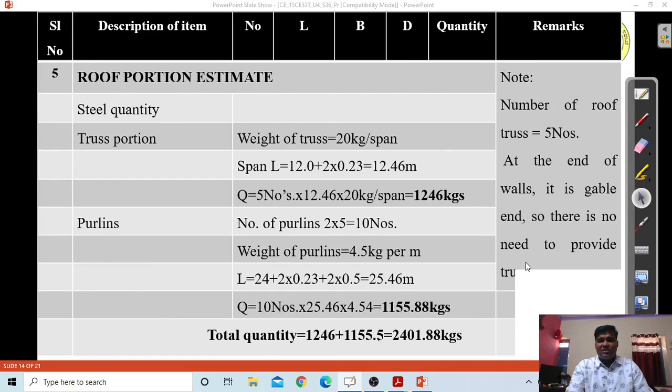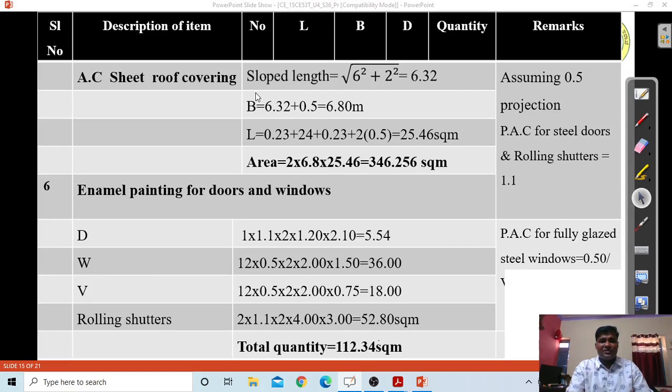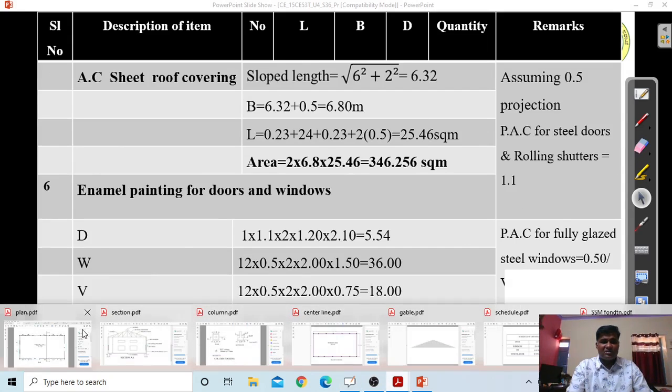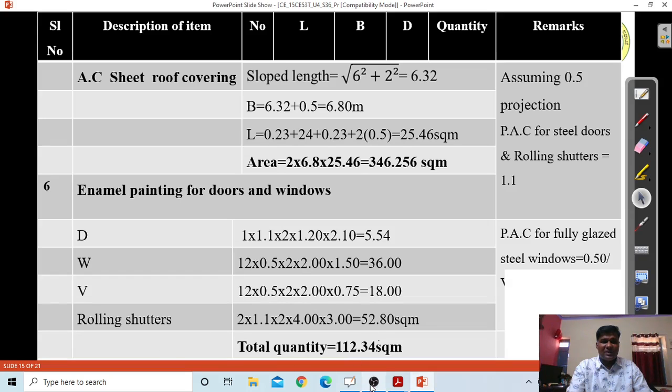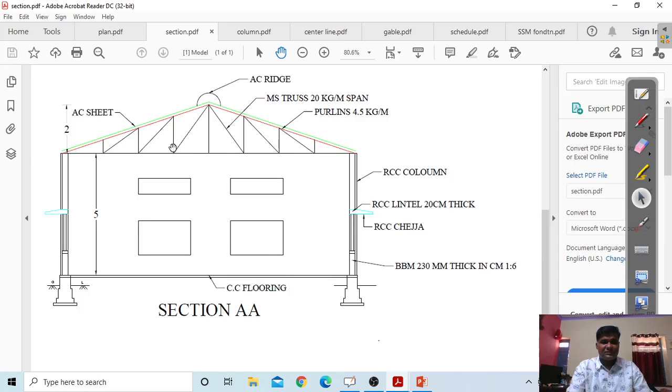Next, moving on to the sloped AC sheet roof coverings. The AC sheet will be provided widthwise, that is this sloped portion from here to here and here to here. I need to calculate the sloping length. I know the internal dimension is 12 meter.